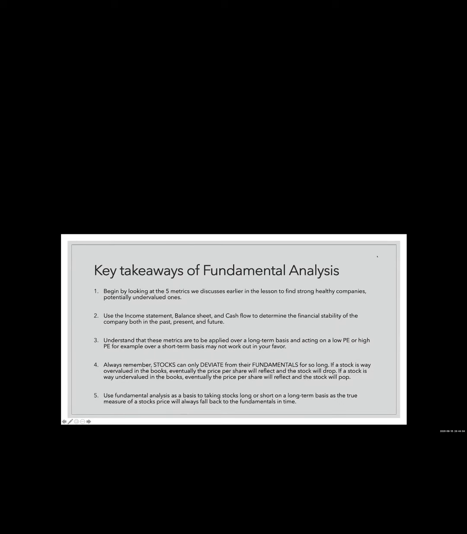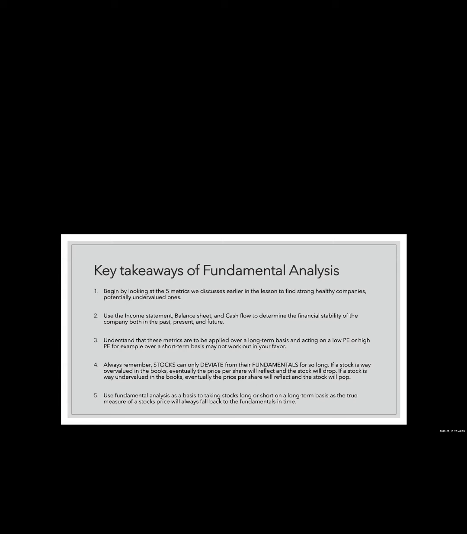So key takeaways of fundamental analysis. Begin by looking at the 5 metrics we discussed earlier in the lesson to find strong, healthy companies, potentially undervalued ones. Use the income statement, balance sheet, and cash flow to determine the financial stability of the company, both in the past, present, and future.